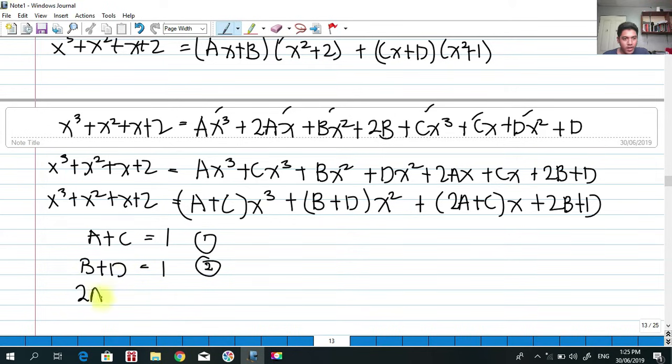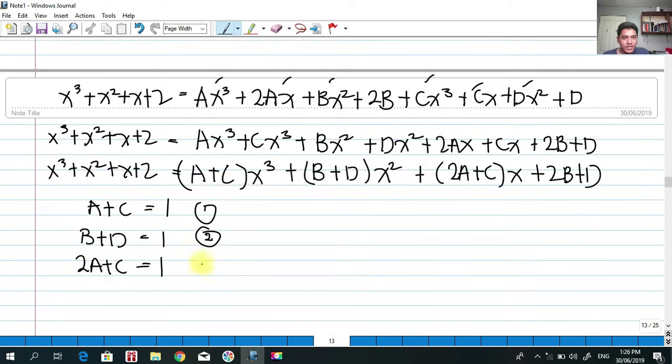Then 2A plus C equals the coefficient of x, which is 1. This is our equation 3. And lastly, 2B plus D is equal to the constant, which is 2. This is our fourth equation.